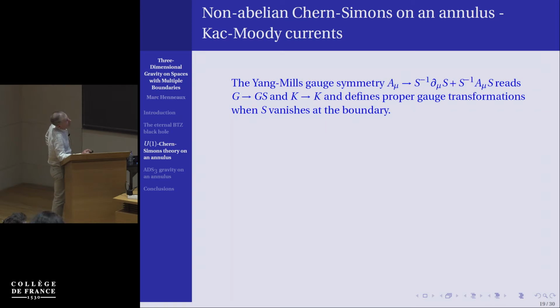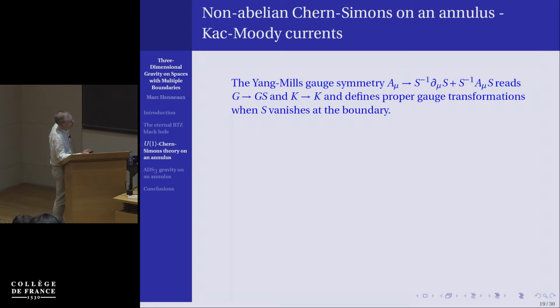Now, of course, you also have the Yang-Mills gauge symmetry, which will define proper gauge transformations when S vanishes at the boundary. But when S does not vanish at the boundary, it's what we call an improper gauge transformation. It is generated by a canonical generator with a non-vanishing charge, and so we should not take the quotient by that transformation when S is non-vanishing at the boundary.